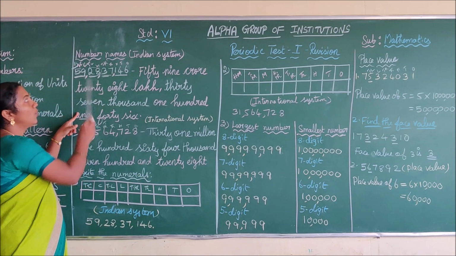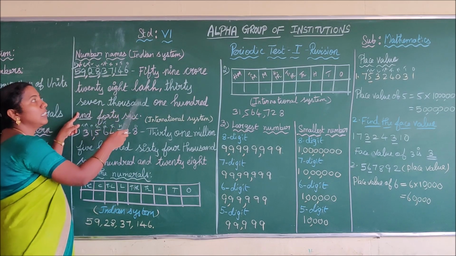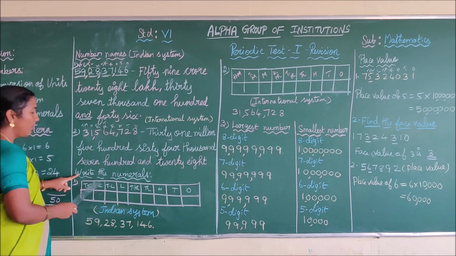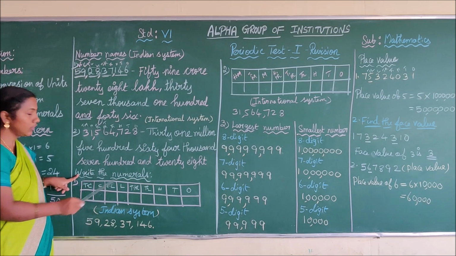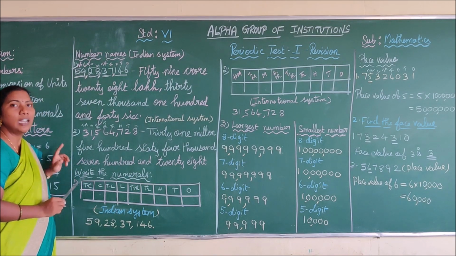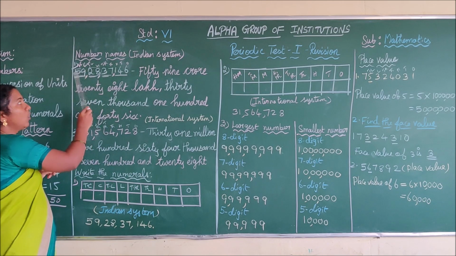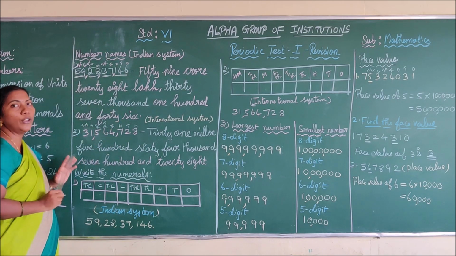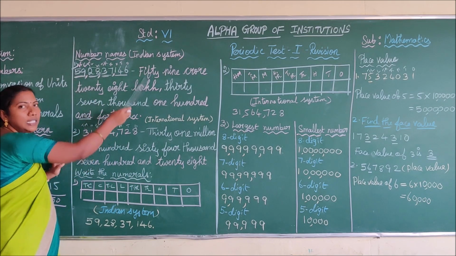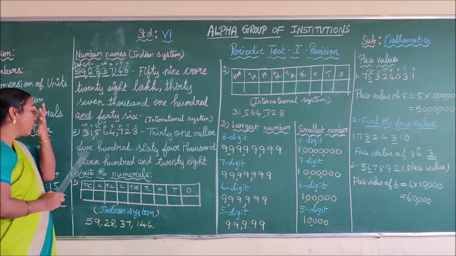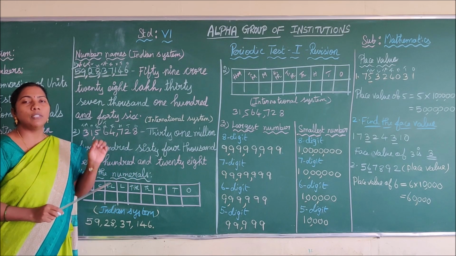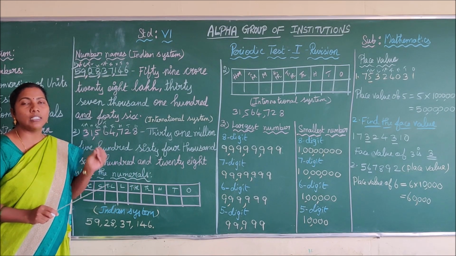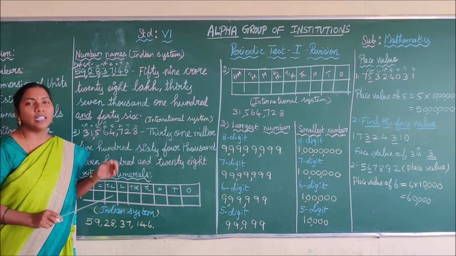Now we are going to write the number from this number name. We have to write the numerals, which means writing the number for the given name. Now forget this number. We are going to write the number by seeing this number name. First observe the question: whether the number name is in the Indian system or the international system.